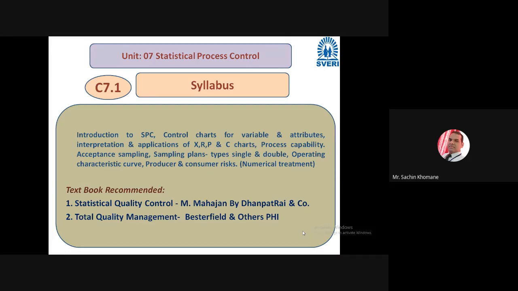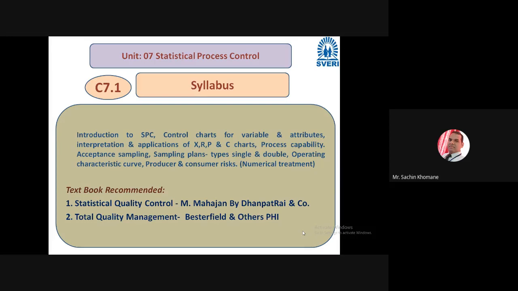So only 4 charts are there in our syllabus. There are many more charts beyond this, but we'll learn these 4 charts, which are very important as far as quality is concerned in industry, especially the quality department implements them specifically to control quality. How that is done we also have to see.